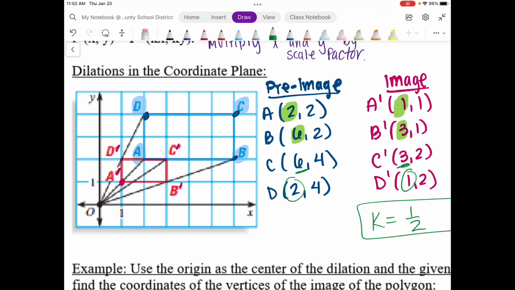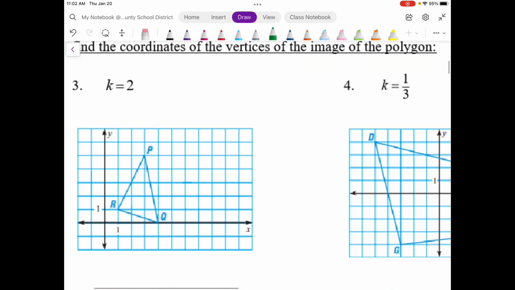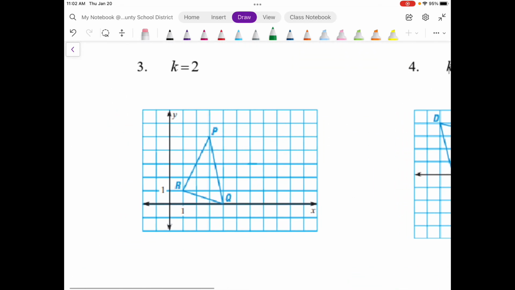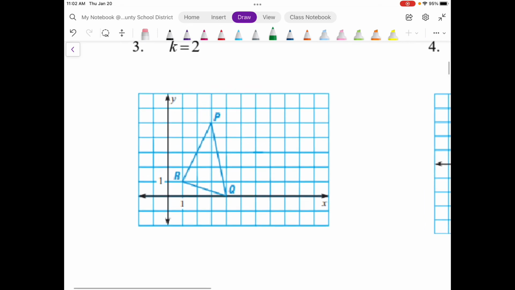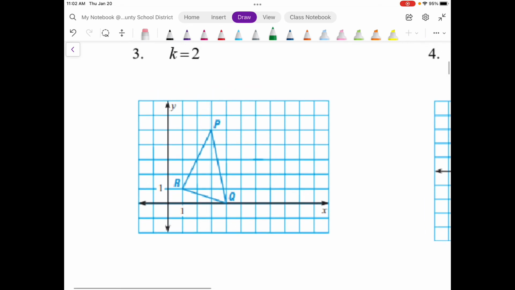Okay. So this is just me showing you how we would find the scale factor. Now, in these next two examples, what you're actually going to do is use the scale factor to find the new coordinate points. So here, number 3 is asking me to take this pre-image and apply a scale factor of 2 and create a new image, okay?